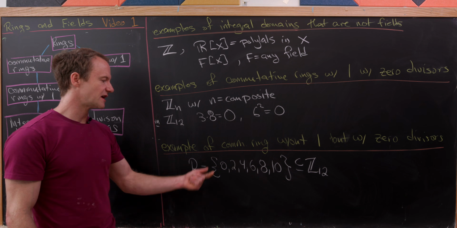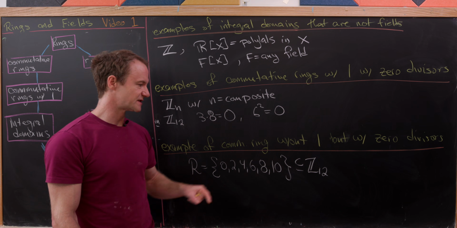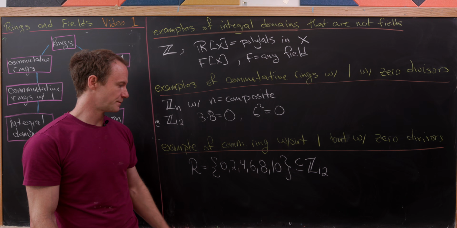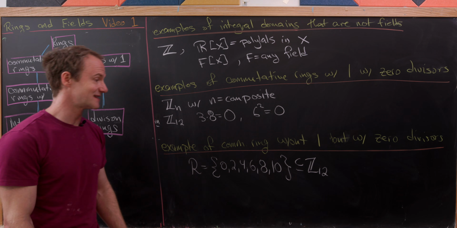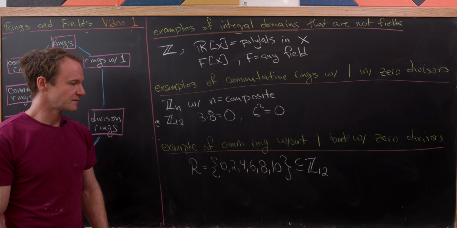Maybe the interesting thing here is everything is a zero divisor. Let's notice that 2 times 6 is 12, which is 0. 4 times 6 is 24, which is 0. 6 times 8 is 48, which is 0. And 6 times 10 is 60, which is 0, because those are all multiples of 12.